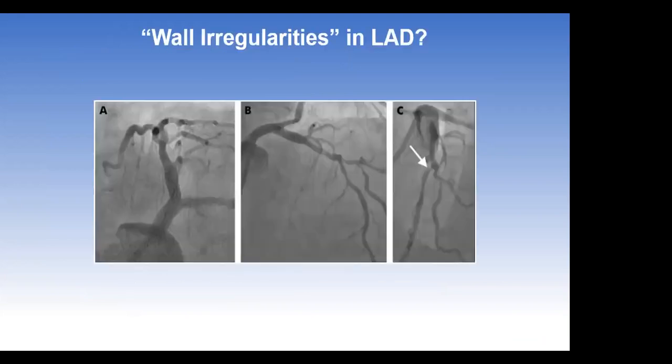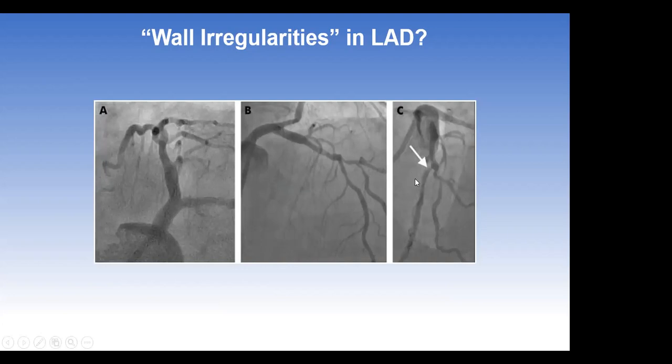This is a typical example that we see in a cath lab. Again, another case from the textbook, and you see 3 different views of the same left coronary artery. In picture A, you don't see any lesion. In picture B, you see the LAD going down the screen and then the diagonal, which has some lesion.